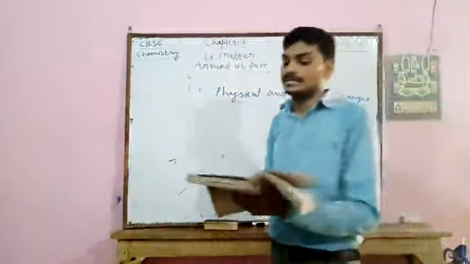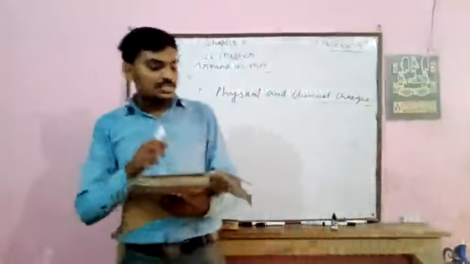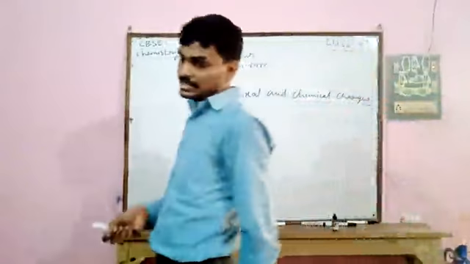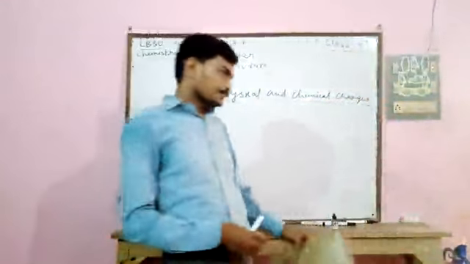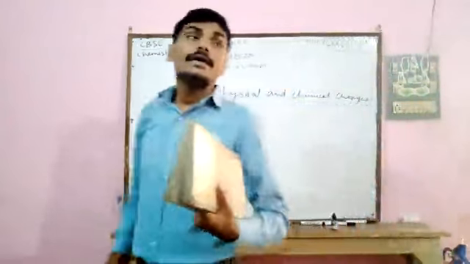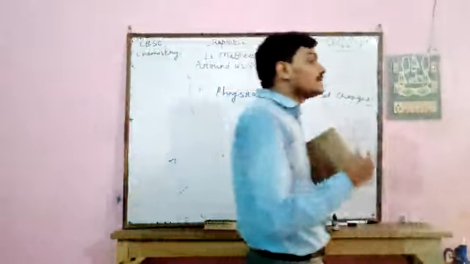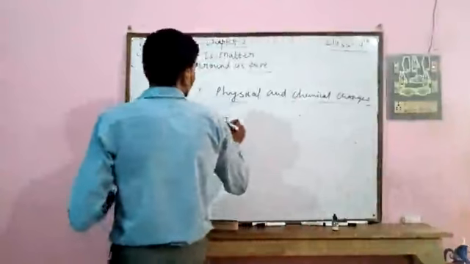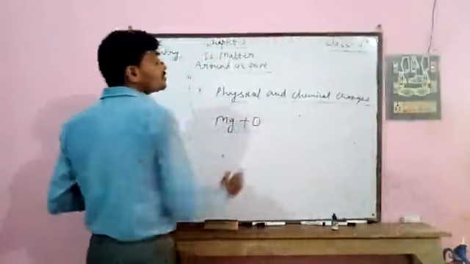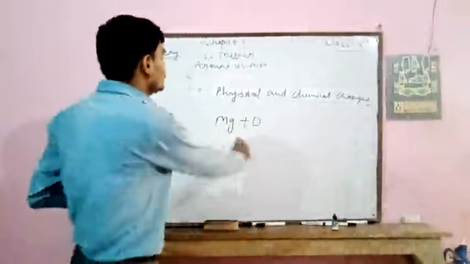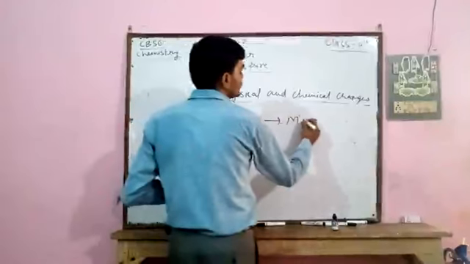Now, chemical changes. Those changes in which new substances are formed are known as chemical changes. For example, if we burn magnesium, that is, burning means combination with oxygen, a reaction with oxygen, it forms magnesium oxide.